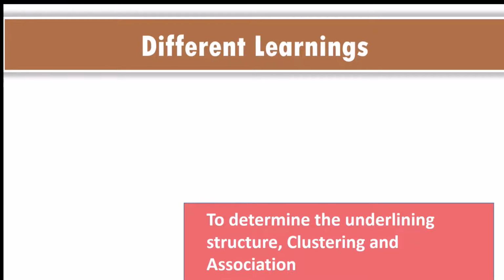Again, supervised learning can be divided into two, that is regression and classification. If the output of the model is a continuous numerical variable, then that is called regression. If the output of the model is a categorical variable, then that is called classification.